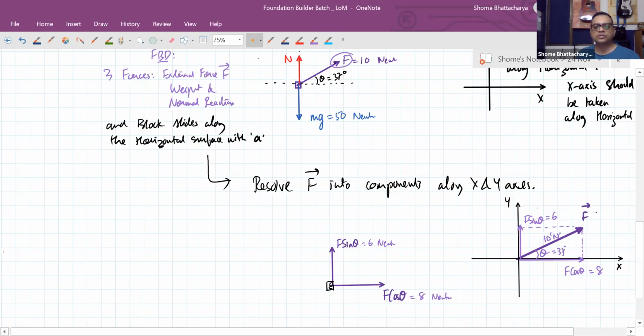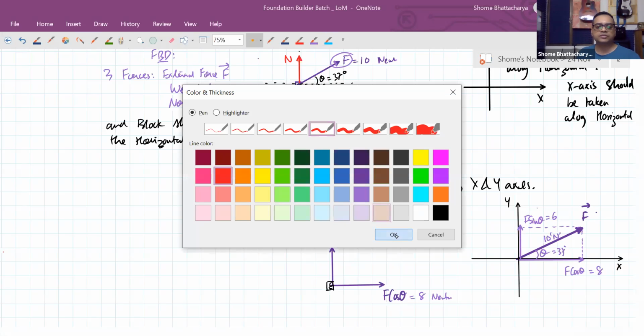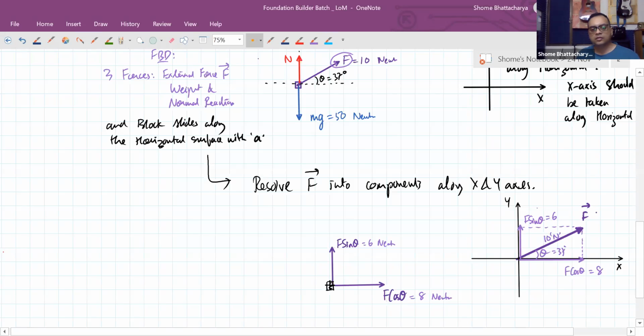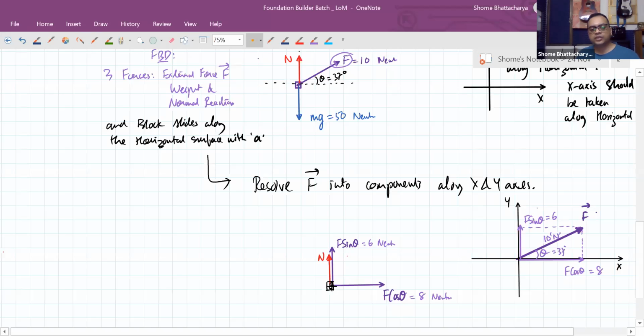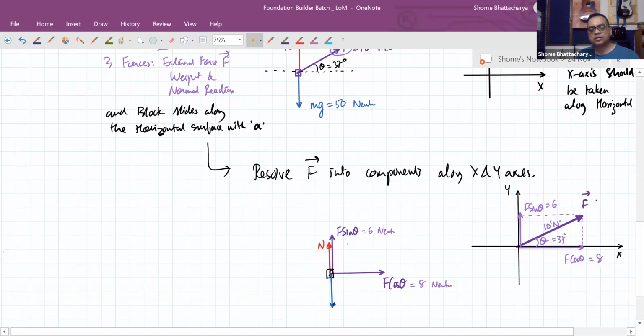Now the other forces we don't need to replace with components because they are already in the correct direction. So normal reaction and weight, we can just leave them the way they are. The normal reaction, whatever its magnitude, is pointing vertically upwards. Whereas mg, we know the magnitude of mg also, and of course the direction is vertically downwards. The magnitude of mg is 15 newtons.